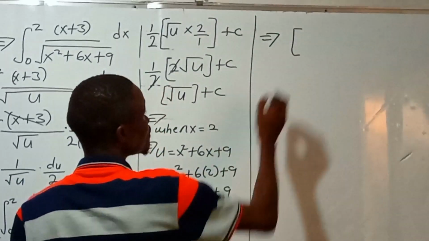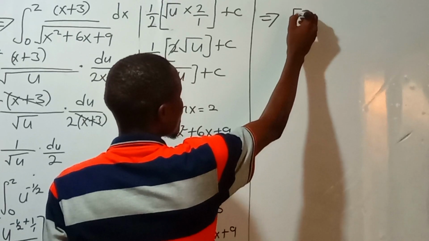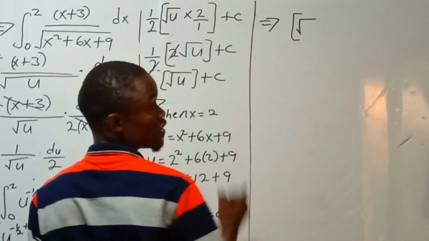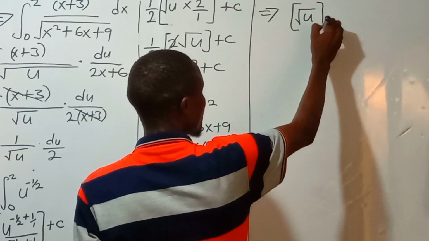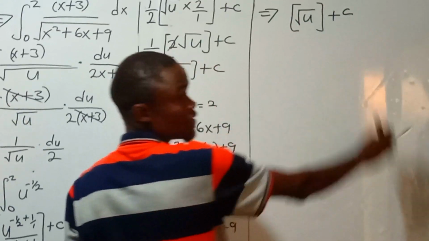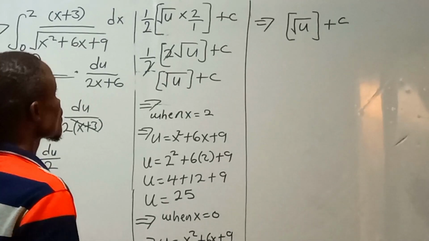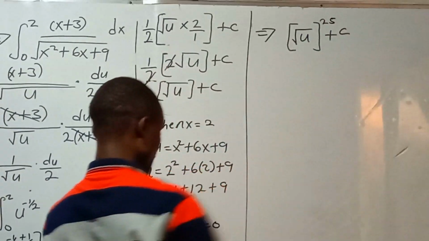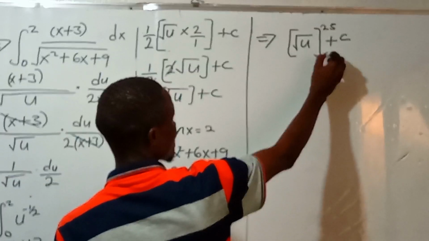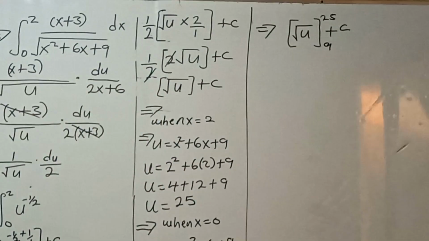Then from this point, brackets open, the square root of u, bracket close plus c. The upper limit here is 25, the lower limit is 9.